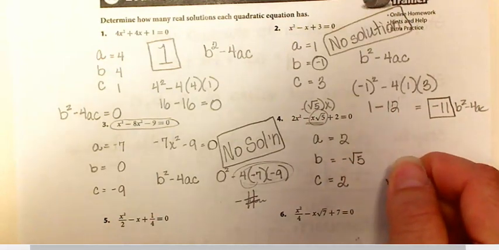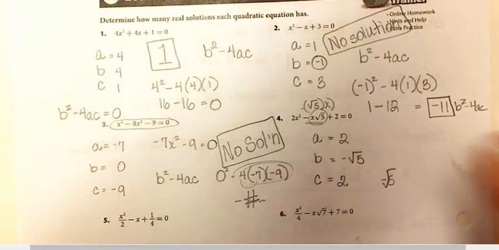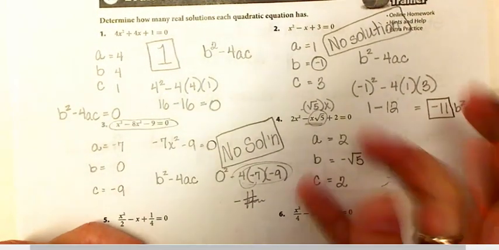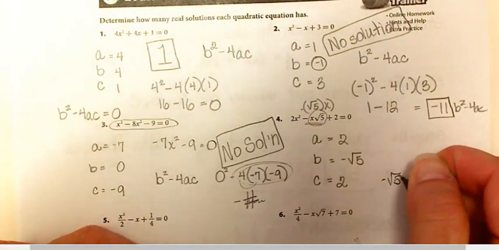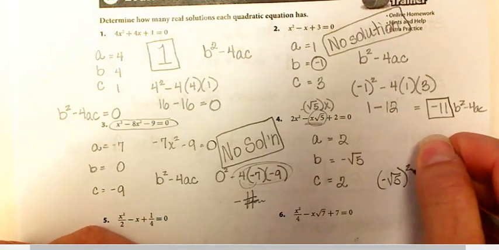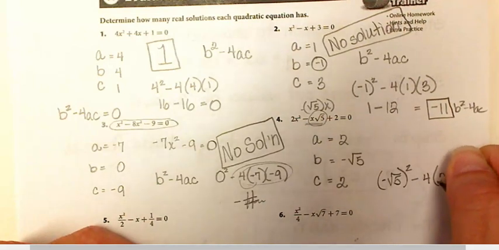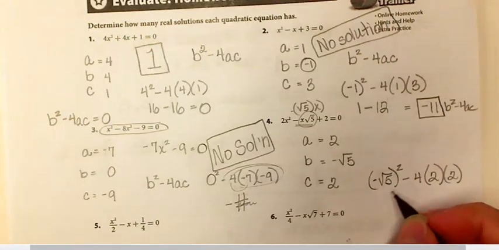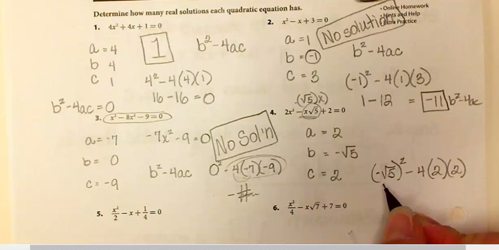Okay, so b squared: negative square root of 5 squared minus 4 times A times C. All right, the square root of 5 squared is just 5.